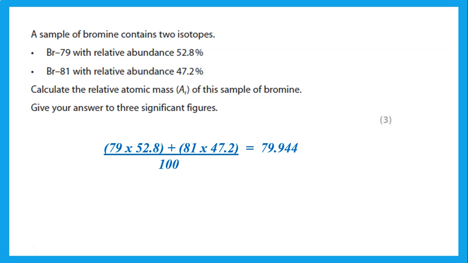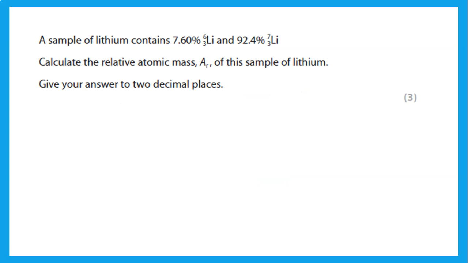Now he's saying give your answer to what? He's saying give your answer to 3 significant figures. What does that mean? What should be my answer? 3 significant figures means I need a total of 3 numbers. So 79.9. You cannot leave it 79.944. It is 79.9. This is what he's looking for.